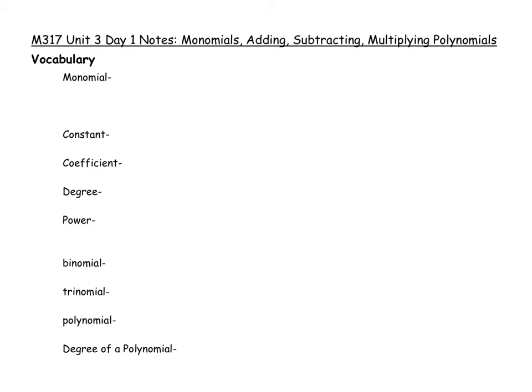So a monomial is one term. It can be a number, a variable, or a product of the two.